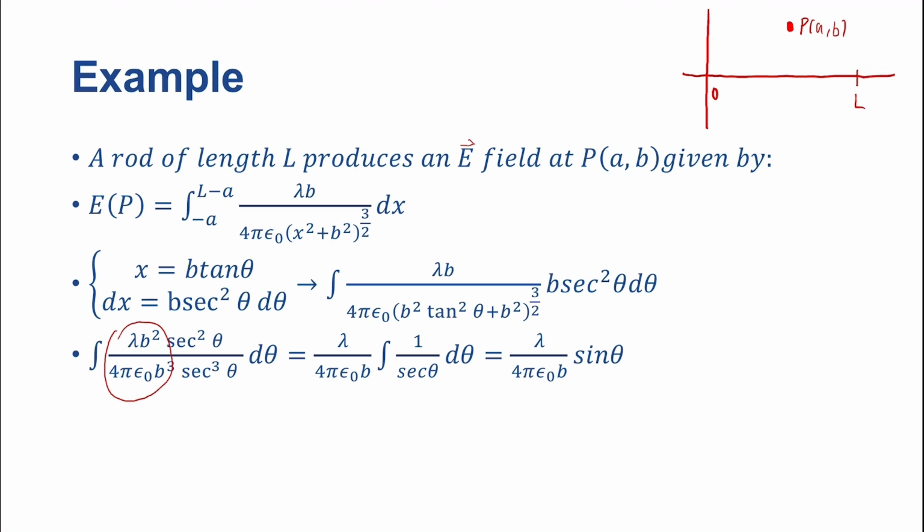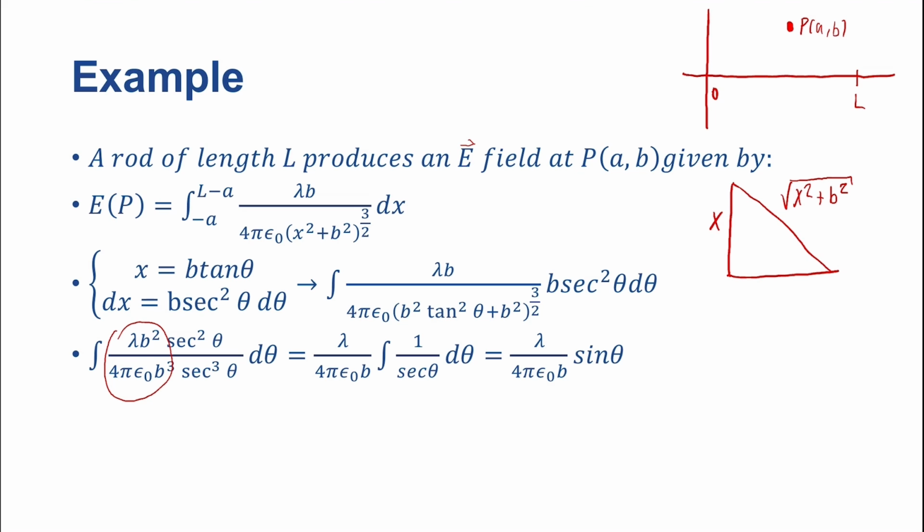Now we need to do our cool triangle thing where we determine what our values actually are, but in terms of x. So if x is equal to b tangent theta, then that means that the hypotenuse here is equal to the square root of x squared plus b squared. Now tangent is opposite over adjacent, so we have theta equals tangent inverse of x over b.